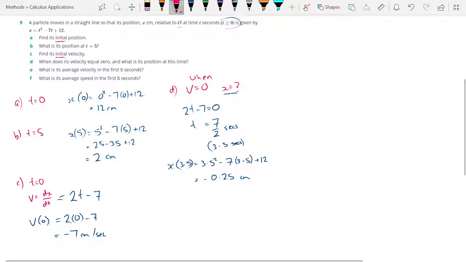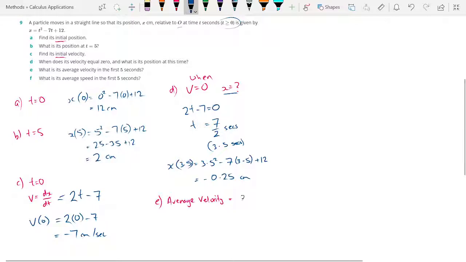The last two questions seem quite similar. We're just looking at the difference between velocity and speed. Now, when we're looking at the average velocity, we want to find the change in position over the first 5 seconds. So the average velocity is similar to our gradient formula.